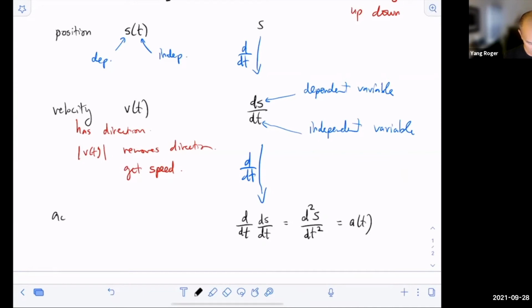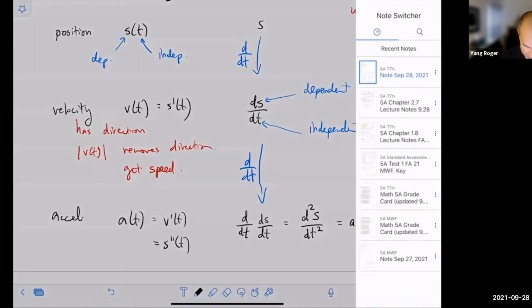A of t is equal to v prime of t, which is the same thing as s double prime of t. This is the same thing as s prime of t, okay? All right, great. That's too much review.